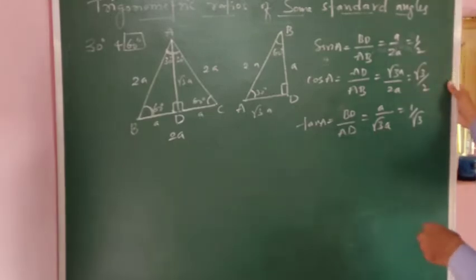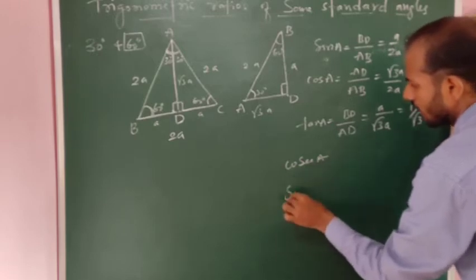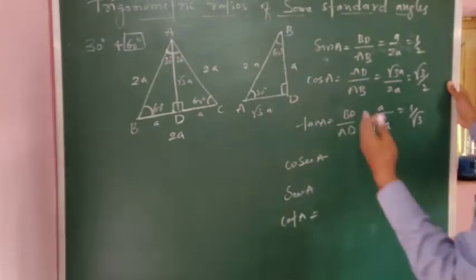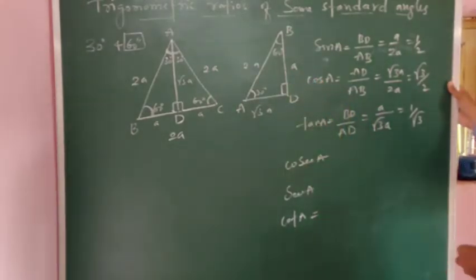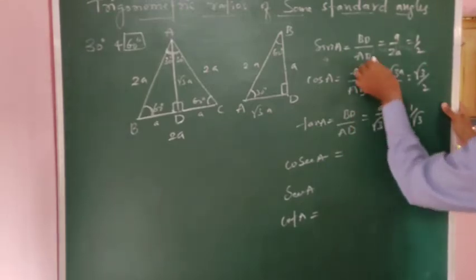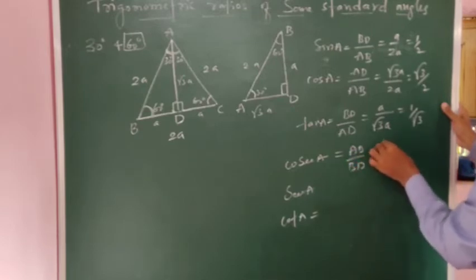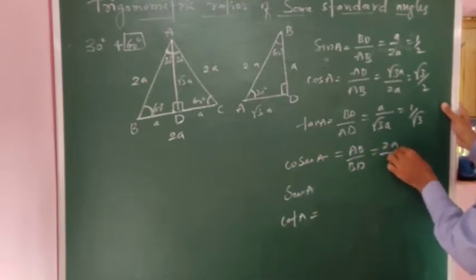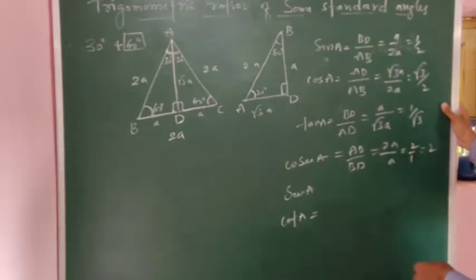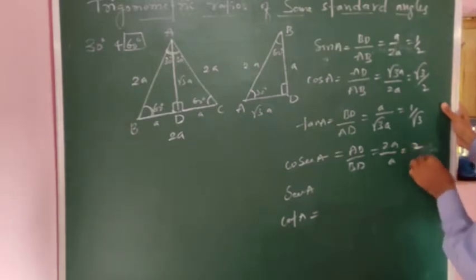Now already we have sine, cos and tan. The reciprocals of these three are cosec A, sec A, cot A. Already we have solved this in angle 45. Sine A reciprocal we can directly write. Cosec A is AB by BD, that is 2A by A, which is 2 only.